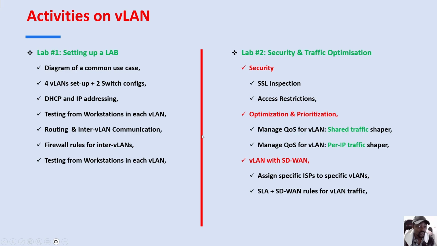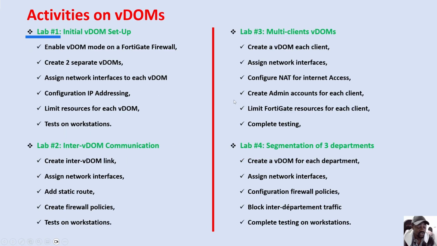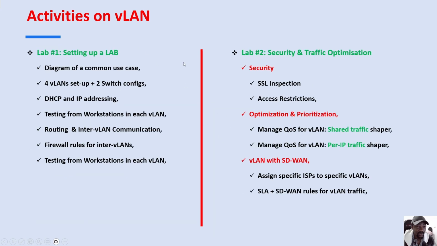We decided to start this series of videos with VLANs before jumping on the VDOMs, so that when implementing the labs on VDOMs, we will have a better understanding of the main differences between VLAN and VDOMs, and what are the enhancements and improvements that we have on VDOM that were not available on the VLANs.